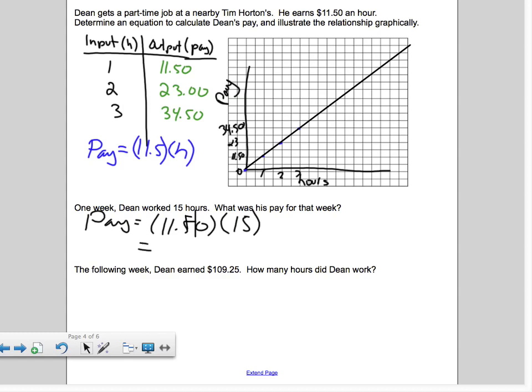So what is that equal to? 15 times 11.50? 172.5. So therefore, Dean earned $172.50 for that week.